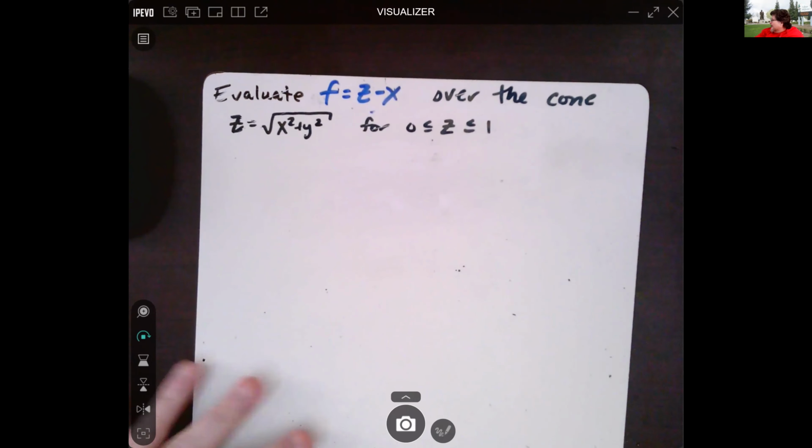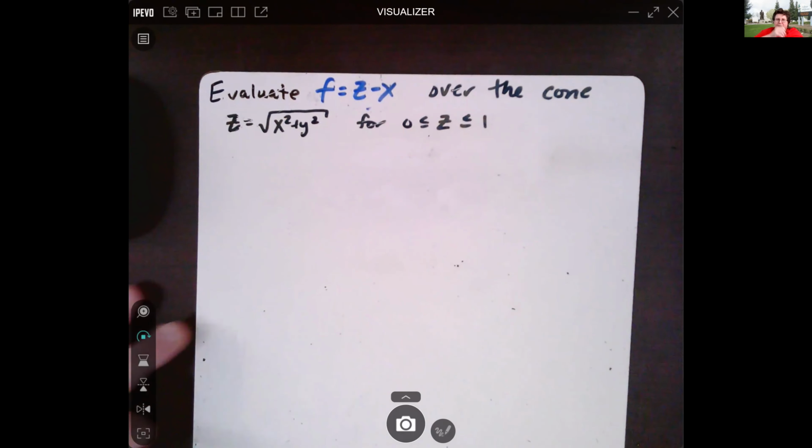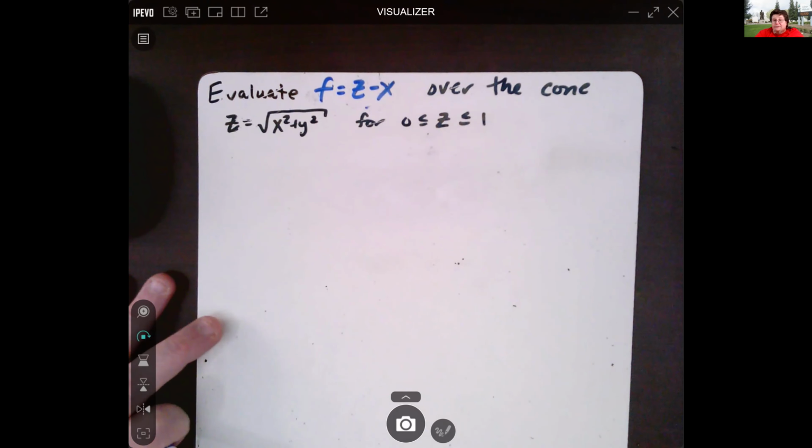Let's see. This is gonna get shitty, isn't it? What was I saying? Oh no, it's not because it's over the cone. There we go.